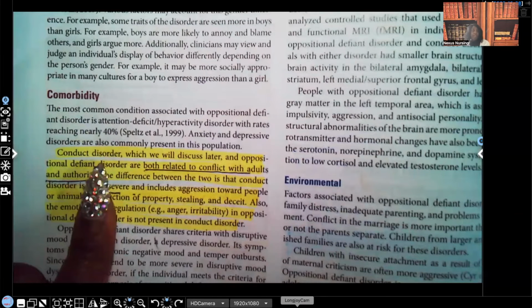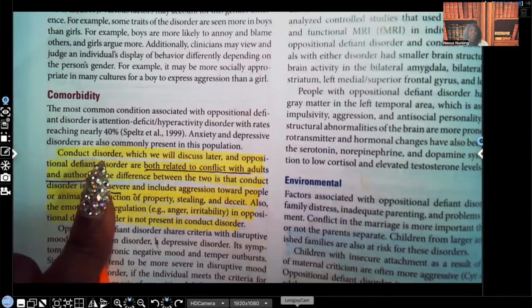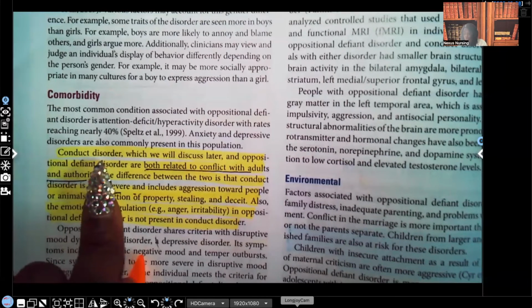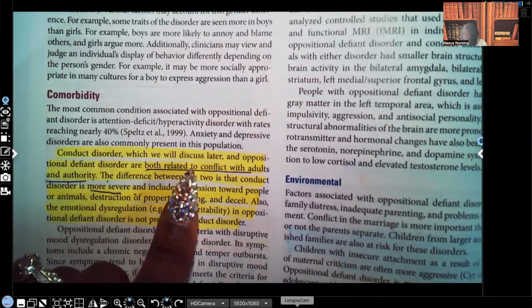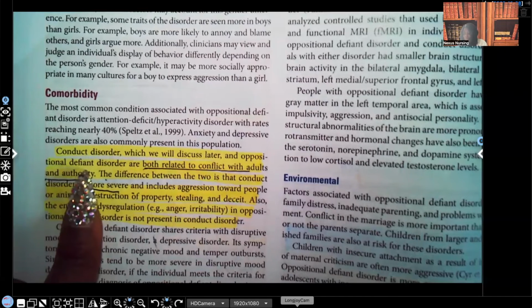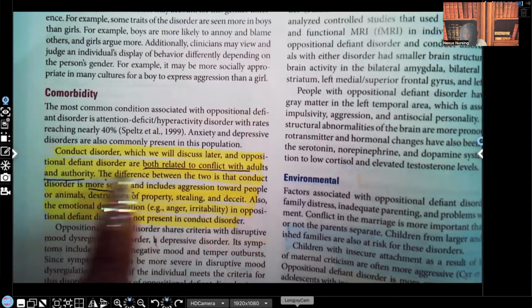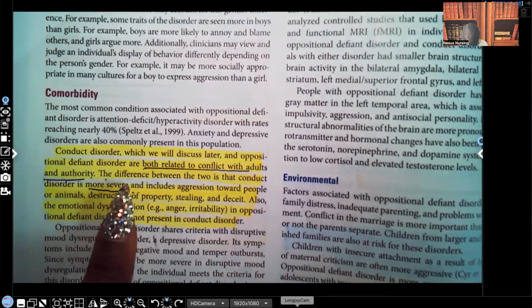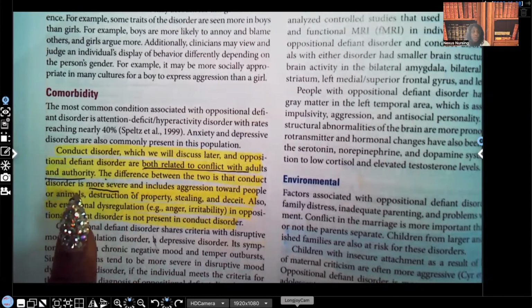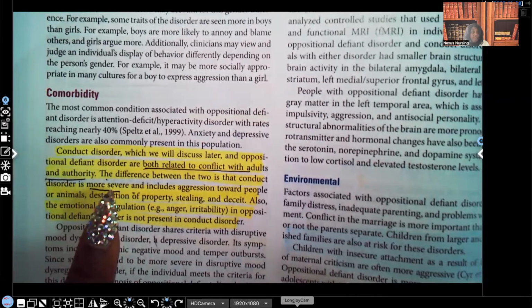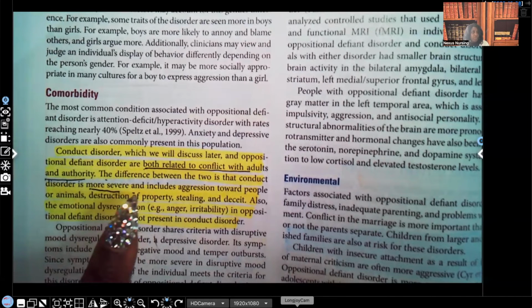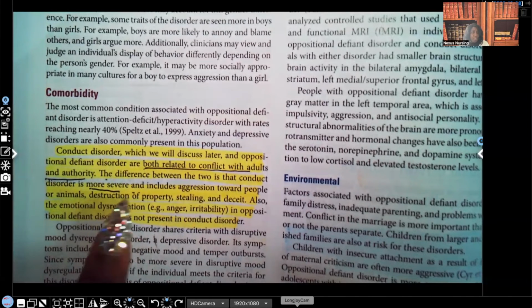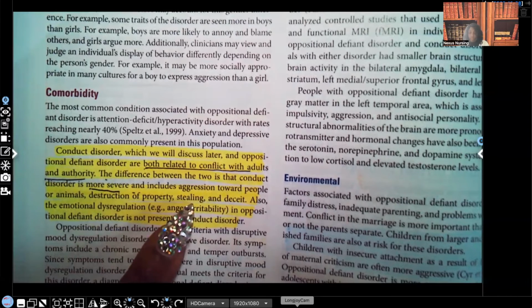Conduct disorder, that's the other video that I did. If you haven't watched it yet, make sure you go watch it so you can compare and contrast the differences. Conduct disorder and oppositional defiant disorder are both related to conflict with adults and authority. They don't want anyone telling them what to do or how to live. The difference between the two is that conduct disorder is more severe and includes aggression towards people or animals, destruction of property, stealing, and deceit.